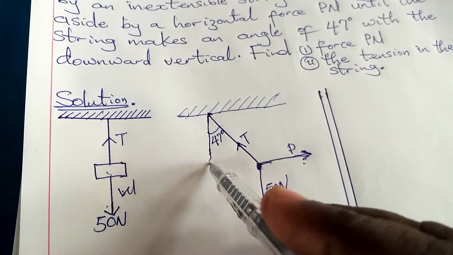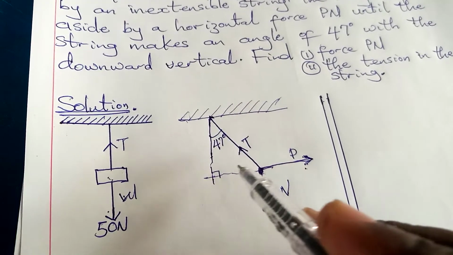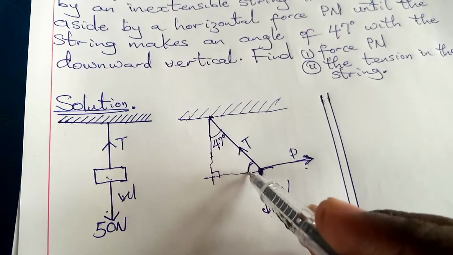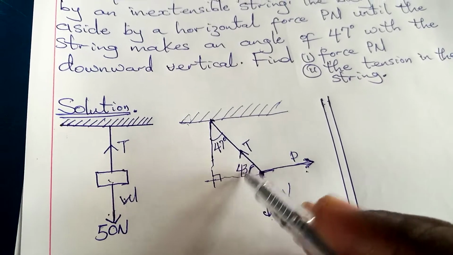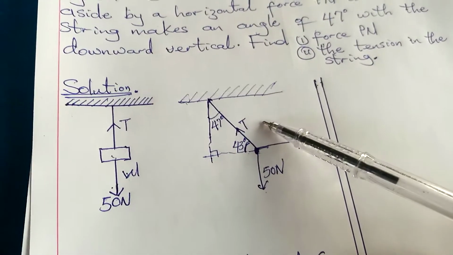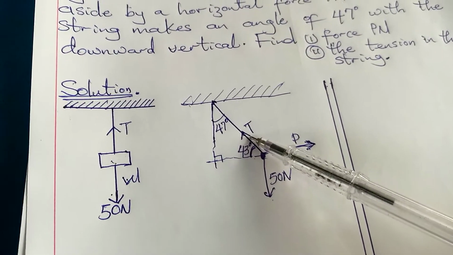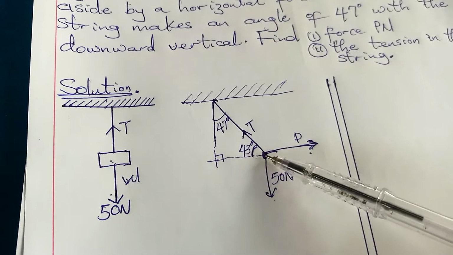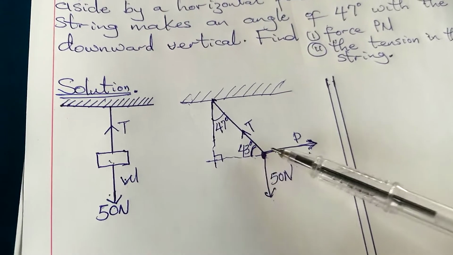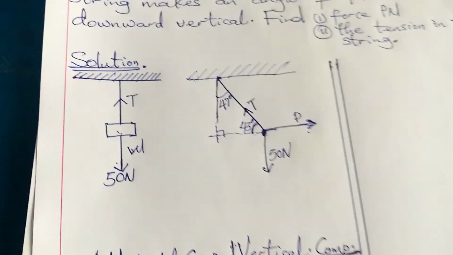We can try to trace this one down and extend this one to make this angle to be 90. Then the angle here is going to be 43 degrees. So to find the value of P and T, we need to resolve all the three forces acting on the body. We need to resolve them both in horizontal component and vertical component.